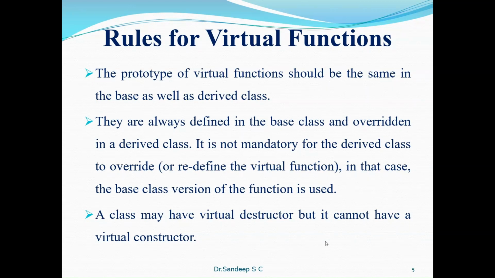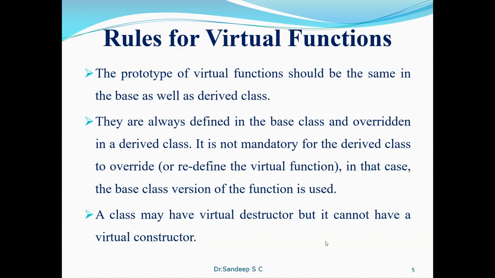Virtual functions are always defined in the base class and overridden in the derived class. However, it is not mandatory for the derived class to override all the virtual functions all the time. If the virtual function is not overridden in any derived class, then automatically the base class version of the function is used.